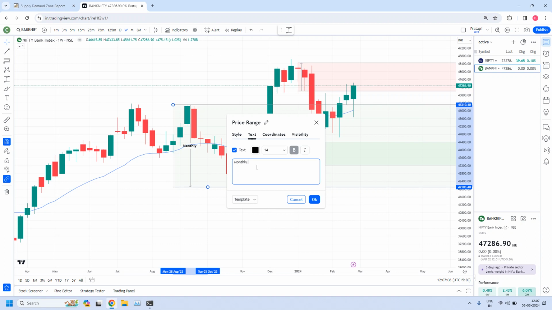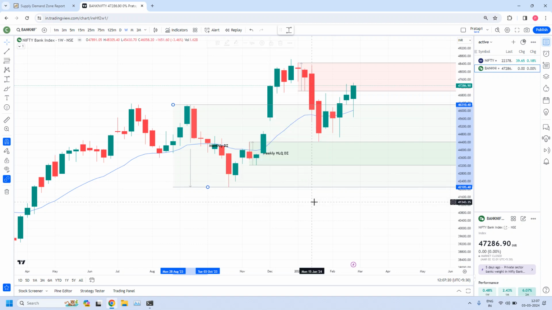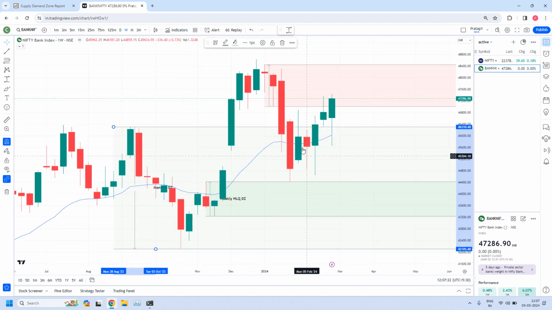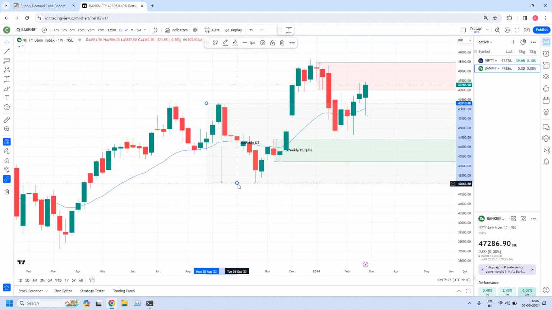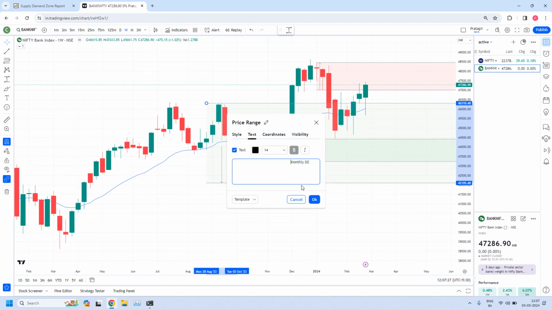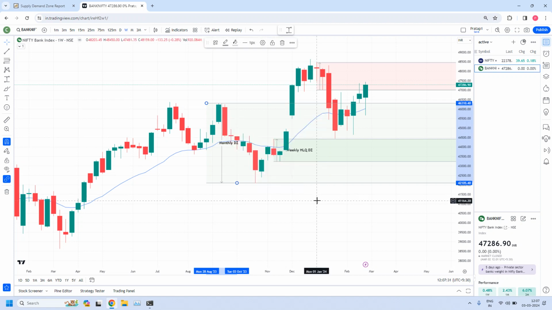Sorry, monthly demand zone, not high liquidity demand zone. The monthly demand zone is a normal demand zone, this one. And this is the weekly supply zone.